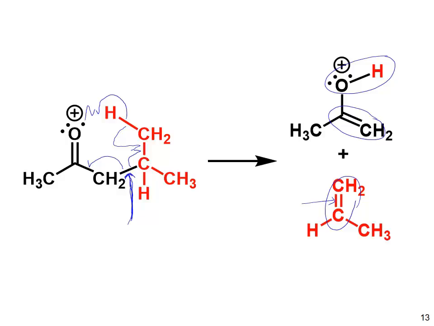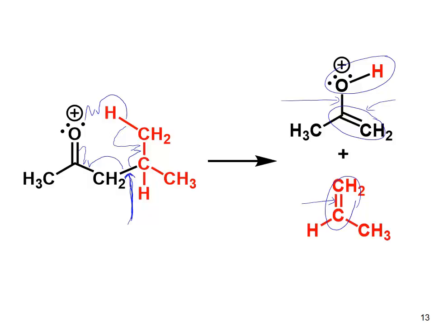We've partially formed the CC double bond in the product. The way that we're going to complete this CC double bond is we're going to take one electron of the CO double bond and put it towards the CC double bond. As we're doing this, you can see that in the product here, the CO double bond that was in the starting material is now a CO single bond in the product.